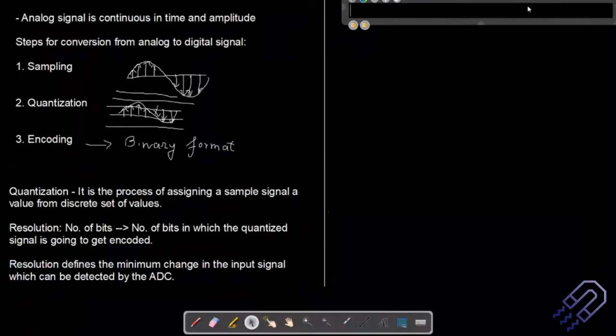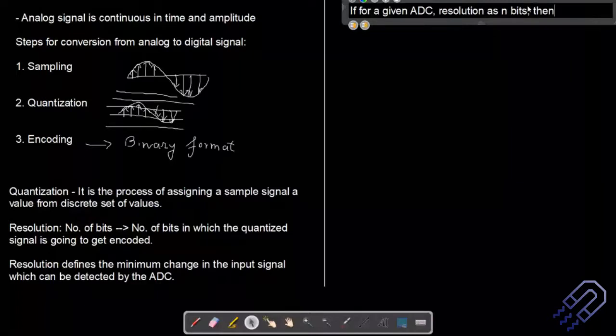Okay. So for a given ADC, analog to digital converter, let's say the resolution is n bits.